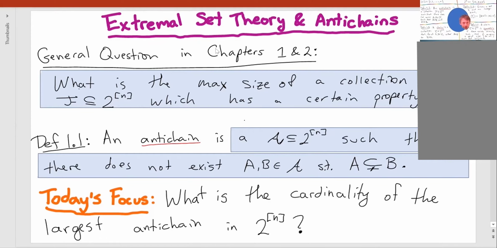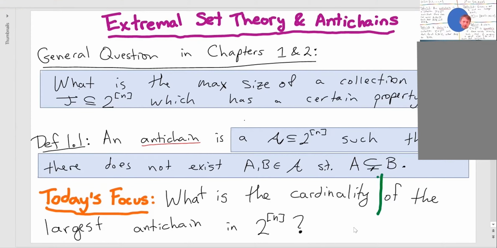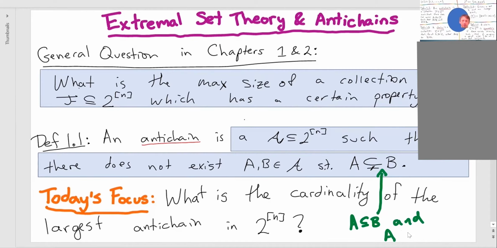If I expand this a bit, what I mean is A is a subset of B and not equal to B. Obviously if I take the same set twice, then it's a subset of itself, but that's not terribly interesting. Any questions about this definition?